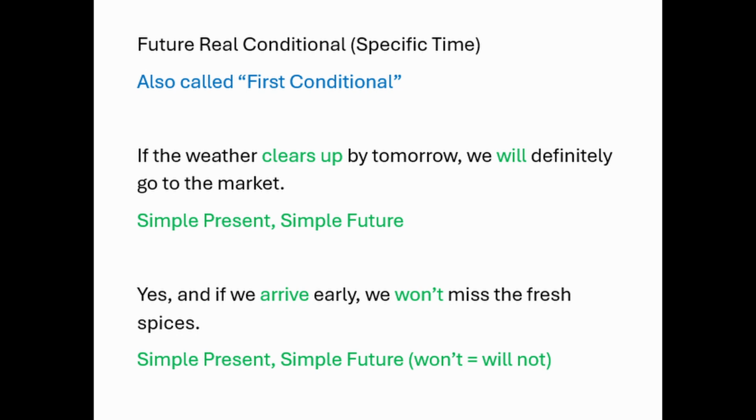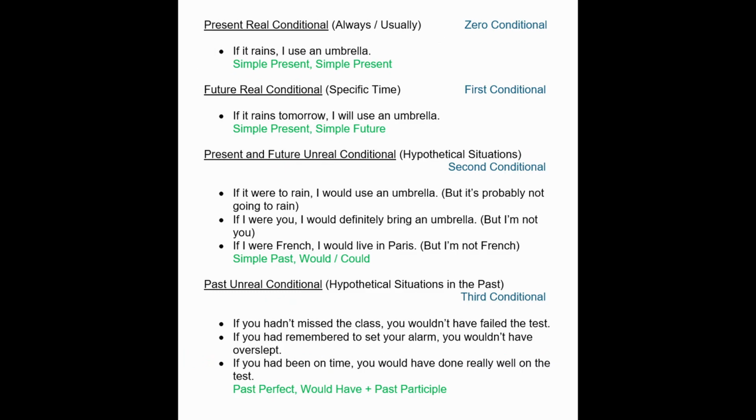So the construction there is simple present, comma, simple future, which is, again, the future real conditional, also called the first conditional. So they're using this in this dialogue because they're talking about a specific time, and that specific time is tomorrow. So again, if you're going to remember just one of these four types of conditional, I would remember the second one, the future real conditional, for a specific time, which is also called the first conditional.